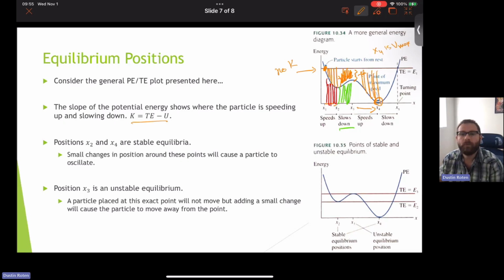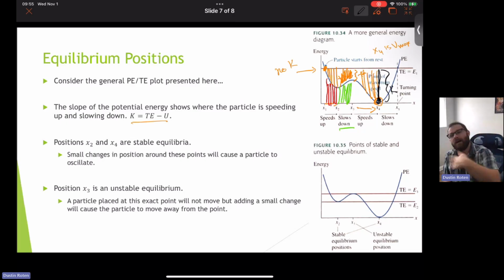At x4, we lose all of our potential energy. So I'm going to grab another color. At x4, we have no potential energy. All of that is kinetic energy. So actually at x4, that's the maximum velocity.